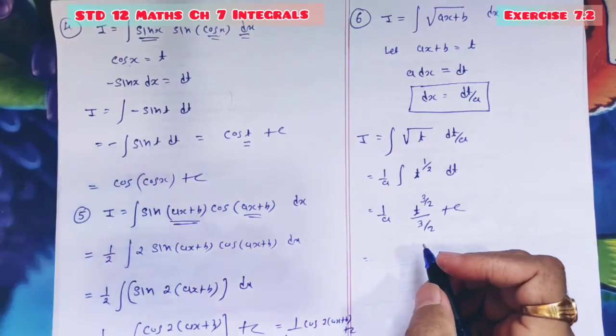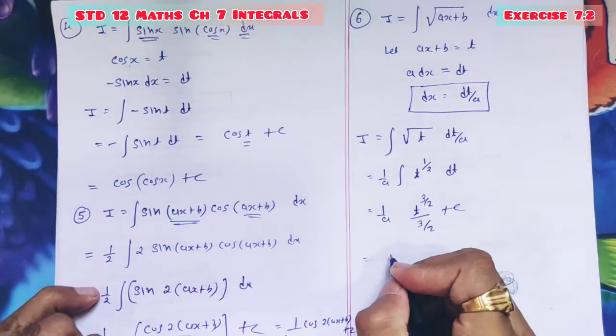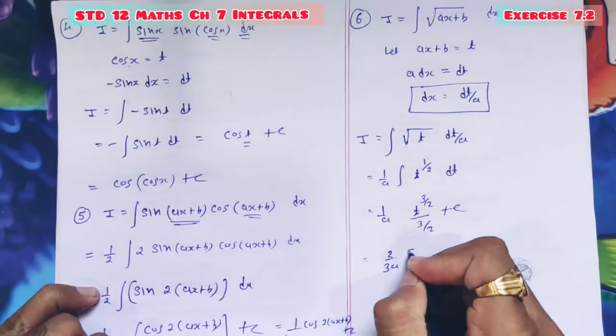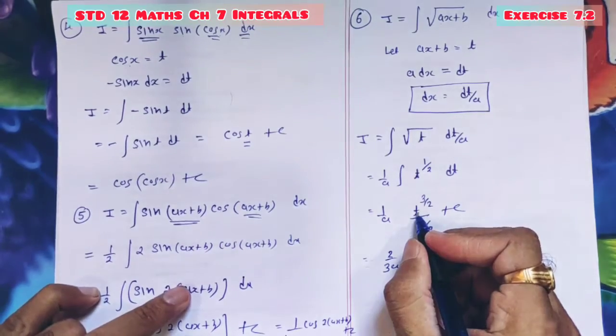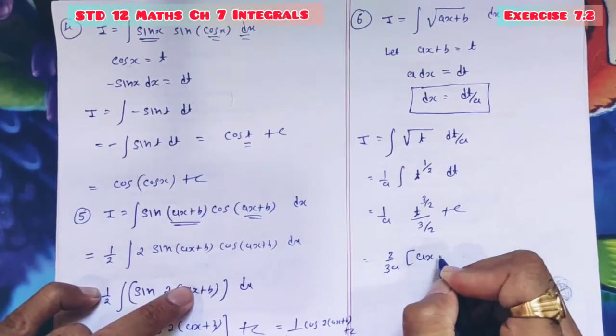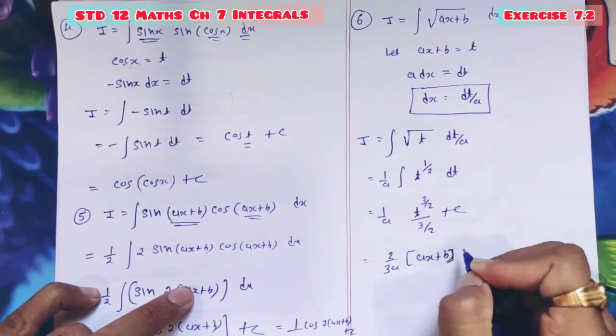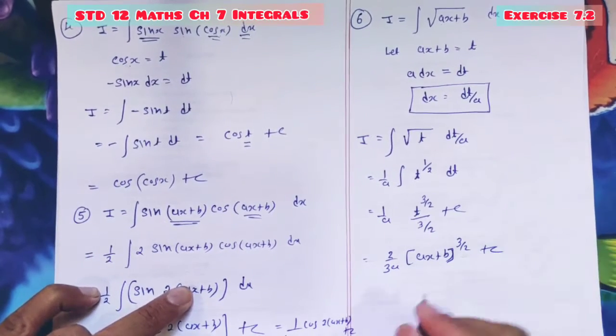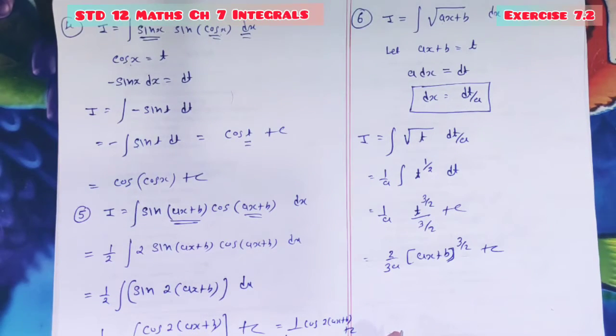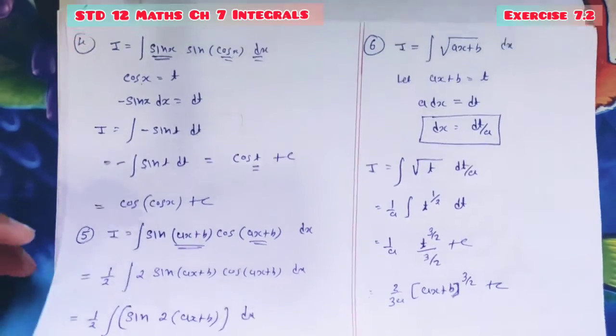So this is nothing but 2 upon 3a. Put the value of t. t is ax plus b, raised to 3 by 2 plus c. Done. 7th.